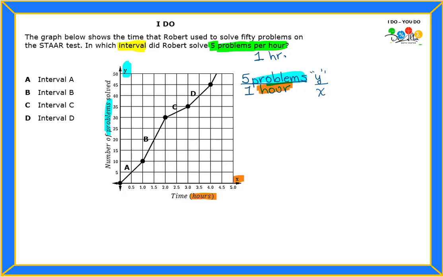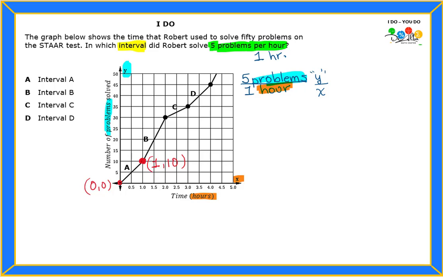For example, the first interval, which is labeled A, goes from the point 0, 0, that's the origin, and it's gonna stop at 1 and 10. That's the first interval that I'm gonna consider.